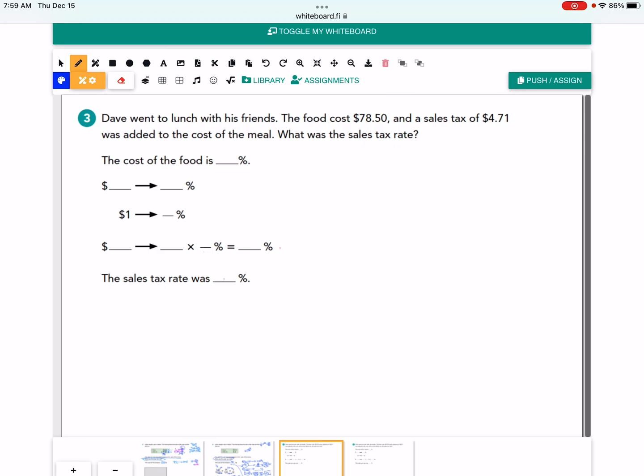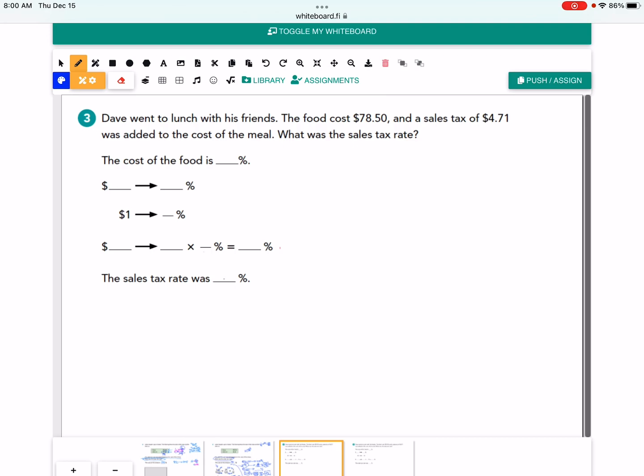If you're hearing the sound of my voice right now, I hope that means you actually paused the video and worked out the problem to make sure that you are able to do this on your own when it's time to do your homework.